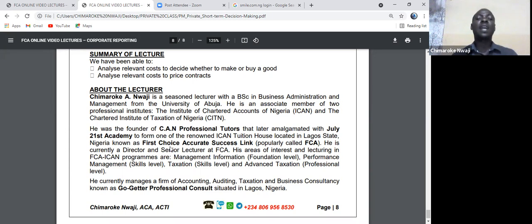Then we looked at relevant costs in scarce resource. And we said we are going to look at how much extra cost we are going to spend if we outsource it.